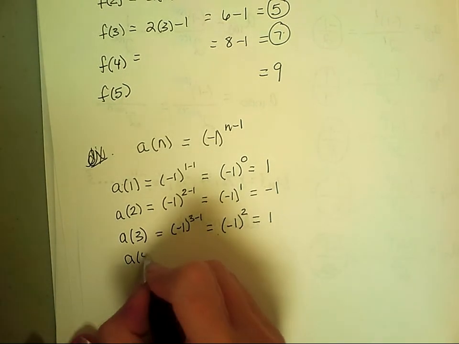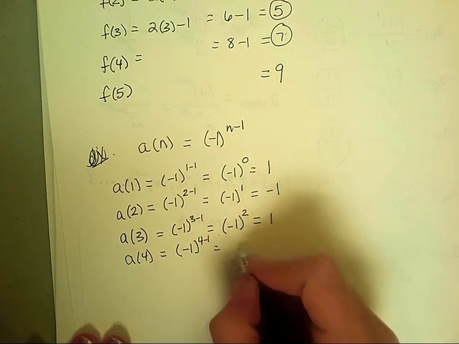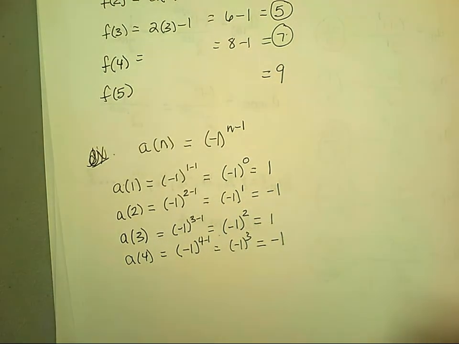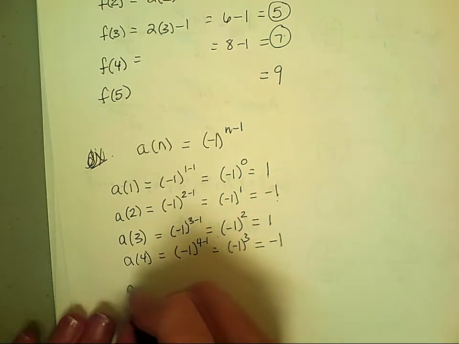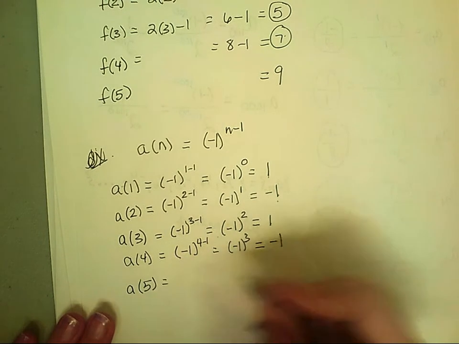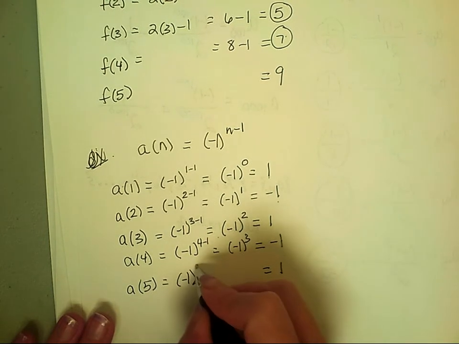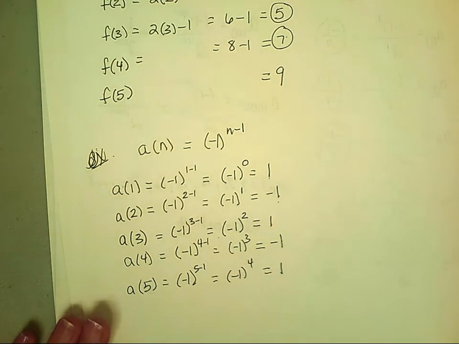A sub 4 is equal to negative 1 to the 4 minus 1, which is negative 1 cubed, which is negative 1. And I hope we can see what's happening here. This is also an alternating sequence, and a sub 5 should be positive 1, which if we check it out, it will work. Negative 1 to the 5 minus 1, which is negative 1 to the 4th power.